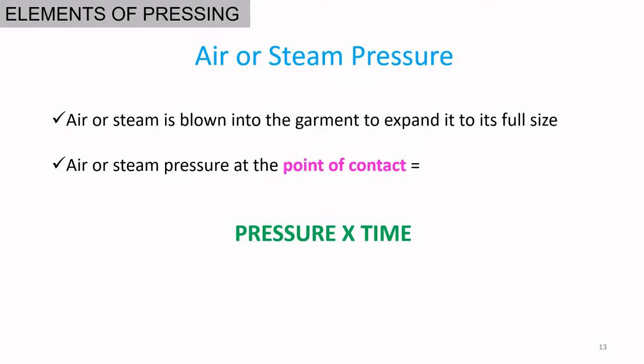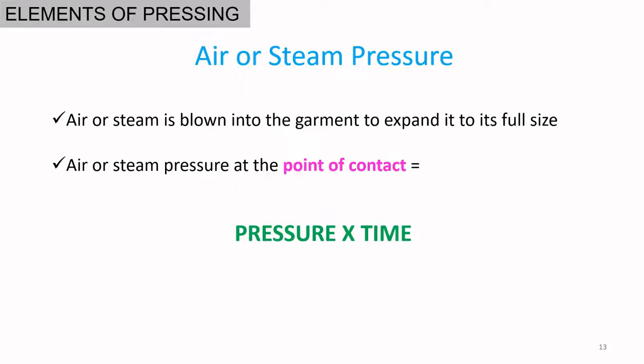Now that balloon is semi-porous, meaning it expands and a certain amount of steam also passes through it. That balloon-like structure is slightly pervious. It has very small holes through which the steam can come out. So when we supply steam, the balloon expands and exerts pressure onto the legs of the trouser.